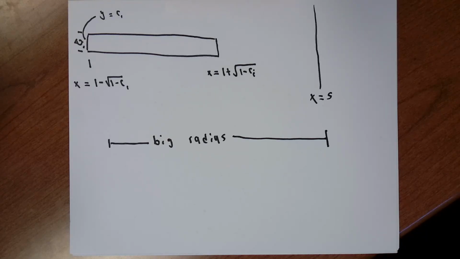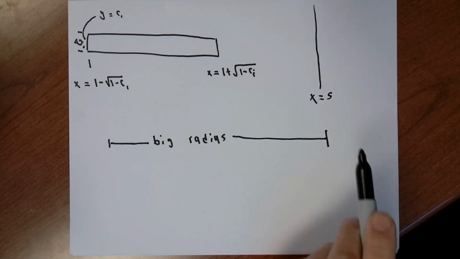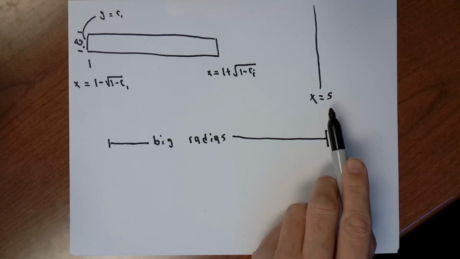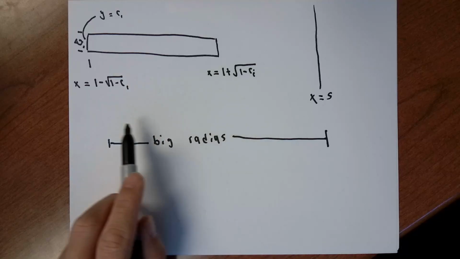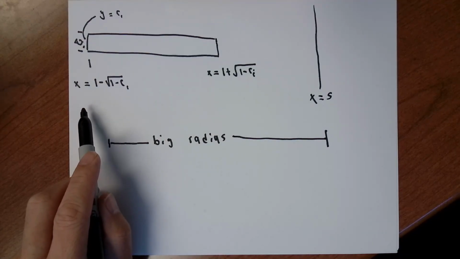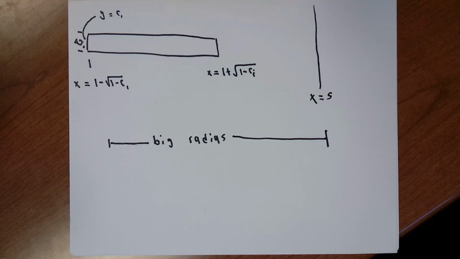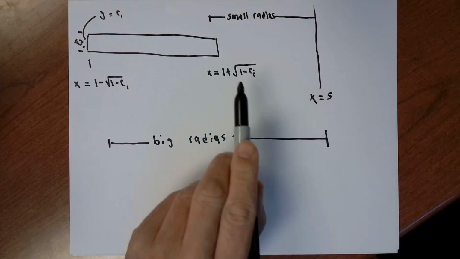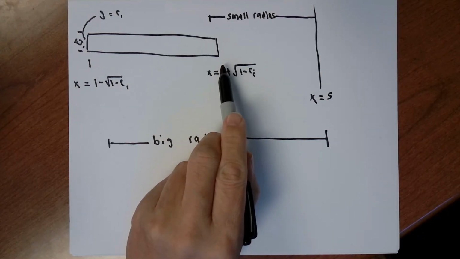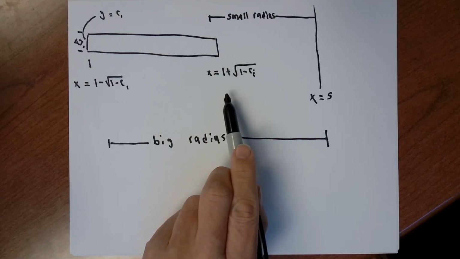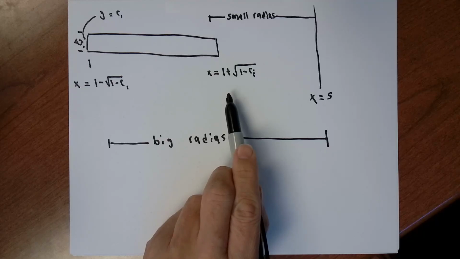The big radius is going to be from the axis of rotation to as far away from the axis of rotation as I can get, namely x equals 1 minus the square root of 1 minus c_i. The small radius is the horizontal distance from x equals 5 to as close to x equals 5 as I can get in this strip. That'll be x coordinate 1 plus the radical of 1 minus c_i.